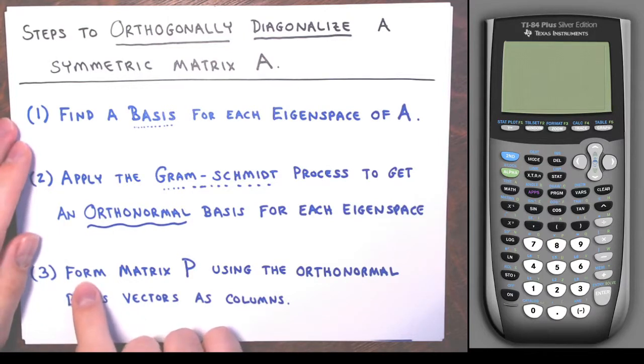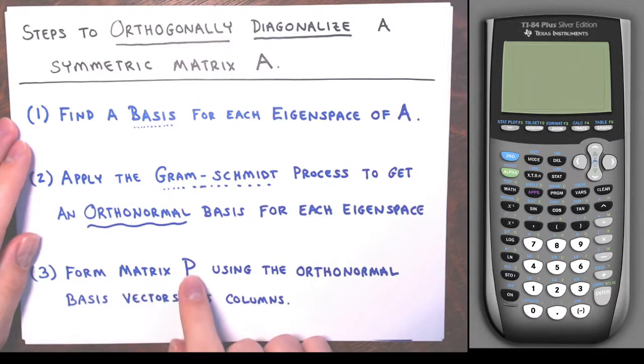then we can use those orthonormal sets of vectors to form that matrix P. Matrix P will be formed using those orthonormal basis vectors as columns.